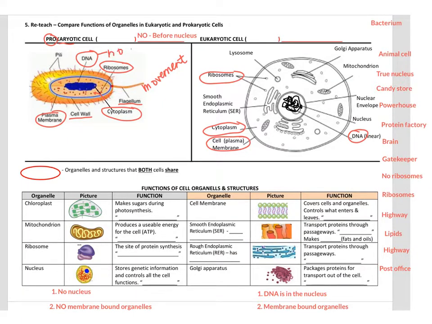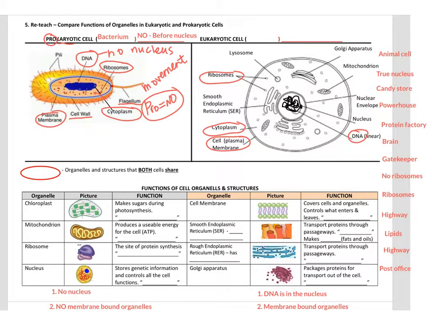So prokaryotic cells do not have a nucleus. And all the bacteria are prokaryotic cells. So they all have DNA, but DNA not in the nucleus. So DNA is kind of homeless. An easy way to remember that is by remembering the prefix pro. And pro means no, but technically pro means before the nucleus.